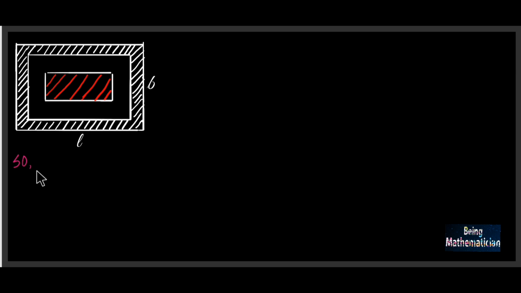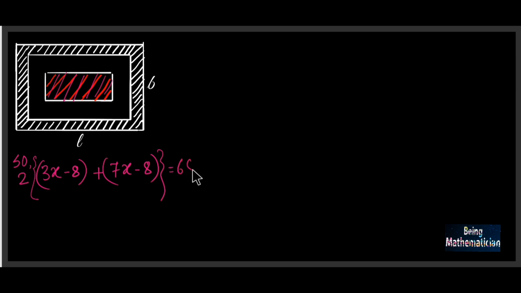So we can write that 3x minus 8 plus 7x minus 8 whole into 2, which is the perimeter of this shaded rectangle, equal to 68, which is given in the question. So it is 10x minus 16 equal to 34. So 10x is equal to 50, and now x must be 5.